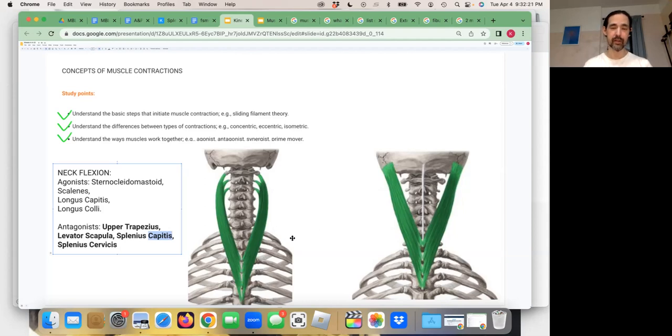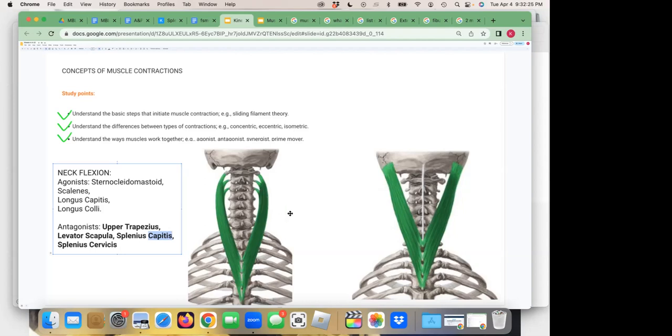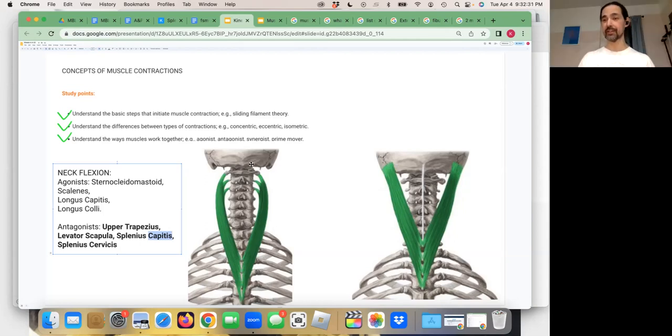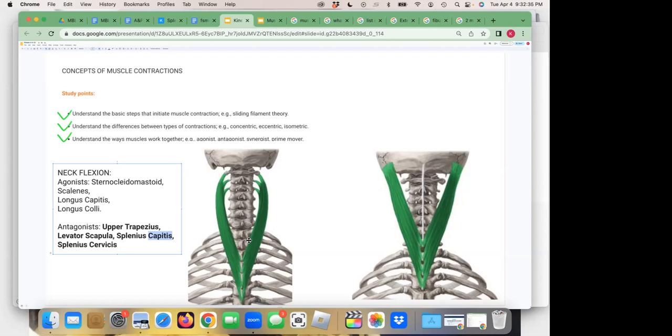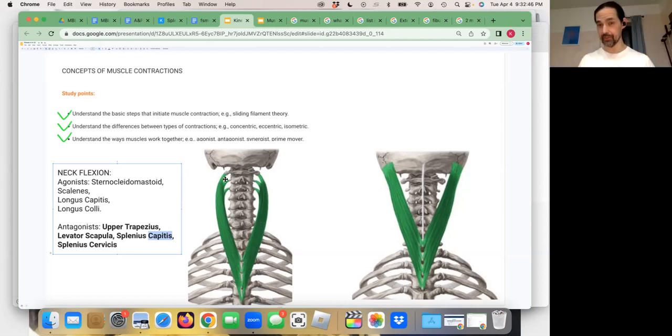Does the splenius cervicis attach to this? The cervicals, Mint. The cervicals.